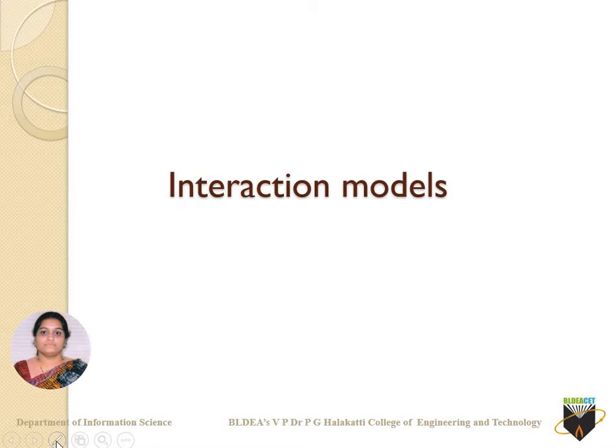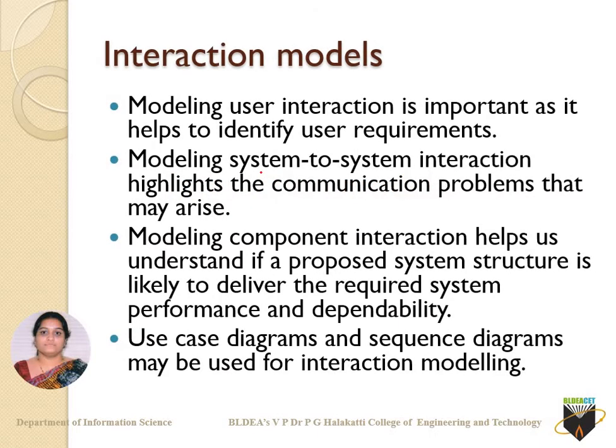Then let us come to today's class with respect to interaction models. So what do you mean by an interaction model? First of all, keep in mind it is the one wherein user interaction comes into focus. We always say that user interaction is important, as it ultimately helps us to identify the user requirements.